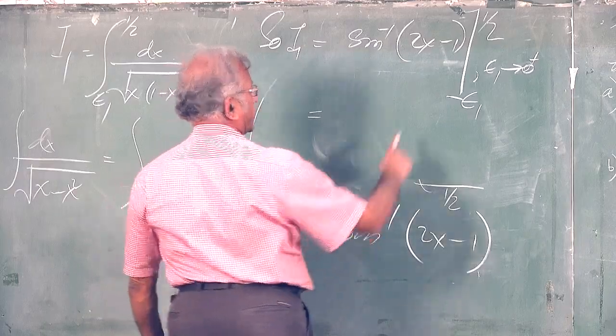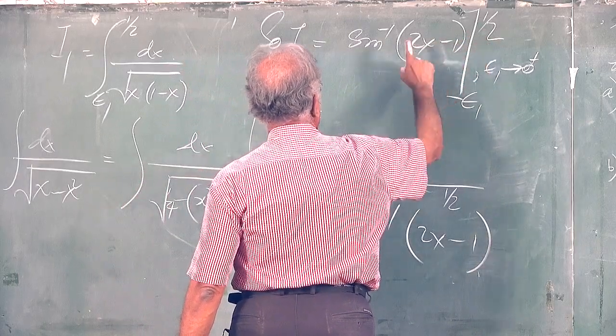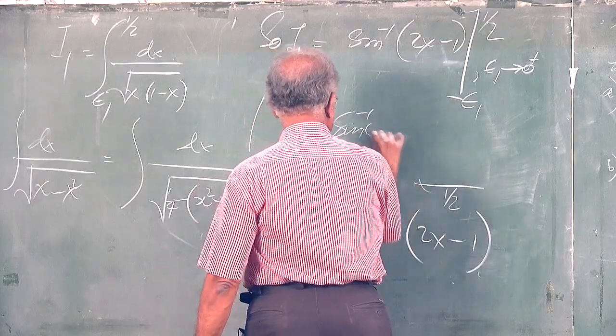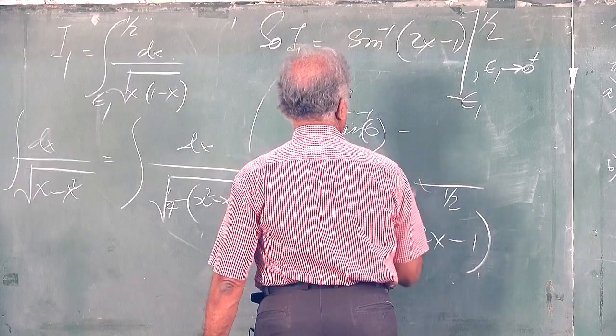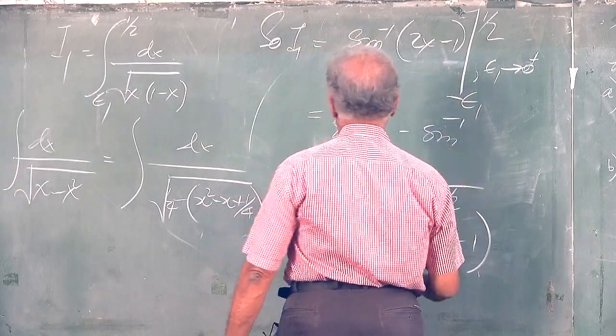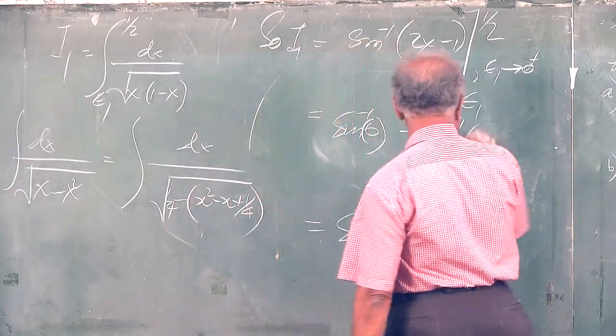This is sine inverse of 2 into half, which is 1, so sine inverse 0, minus sine inverse of 2 epsilon 1 minus 1.